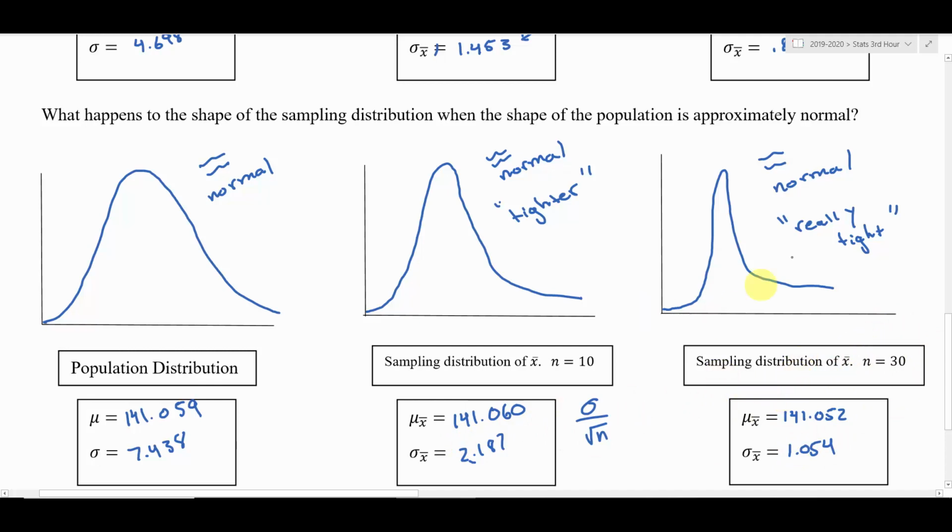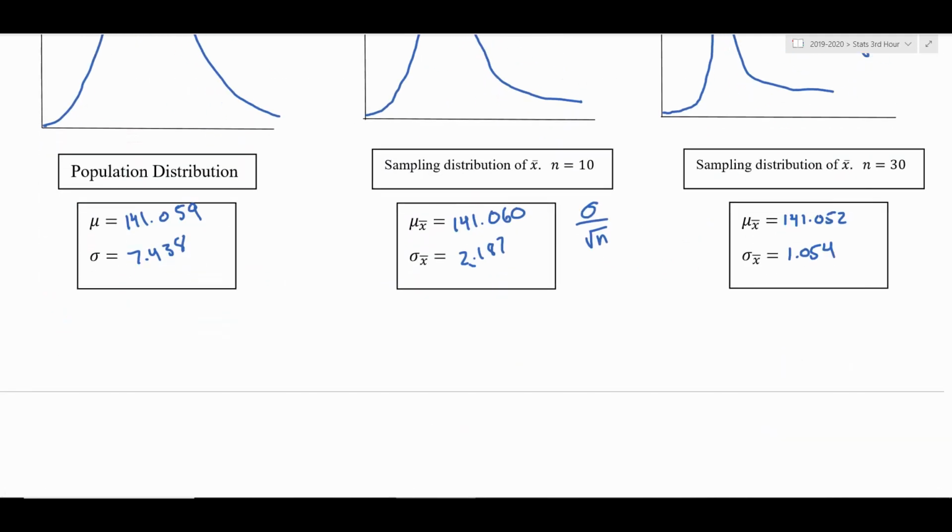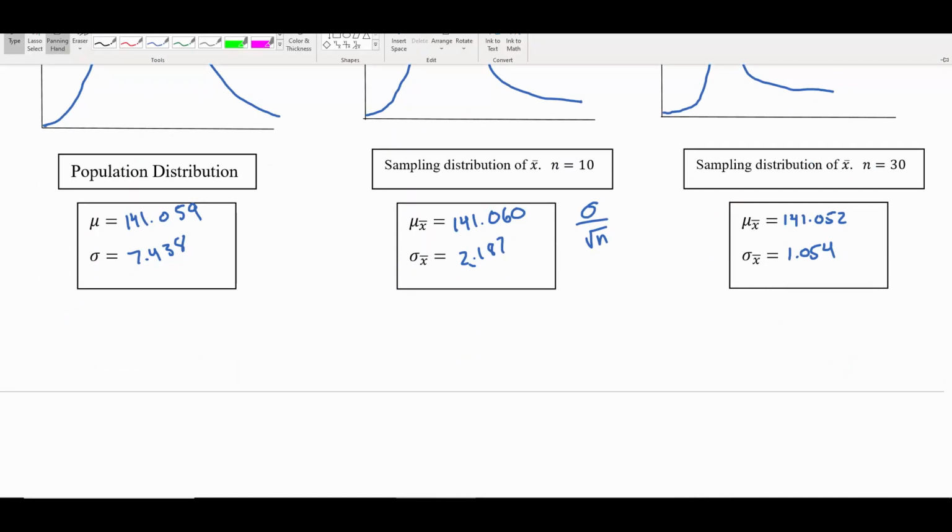Okay, so what I'm going to do next is summarize what we saw here. Let me grab my panning hand and get some space. So what we saw with the shape, we talked about the three major characteristics. What did the central limit theorem do to the shape by taking sampling distributions? The distribution normalizes.